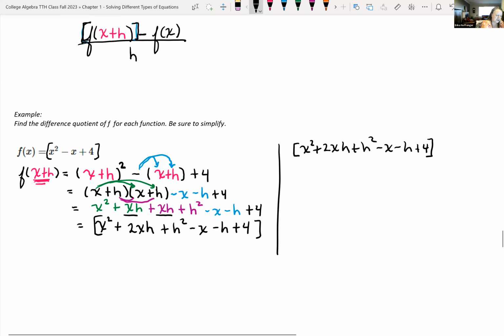So I'm going to subtract off this whole function f of x. I need to put parentheses around my equation because there's more than one term in that function. So x squared minus x plus 4.